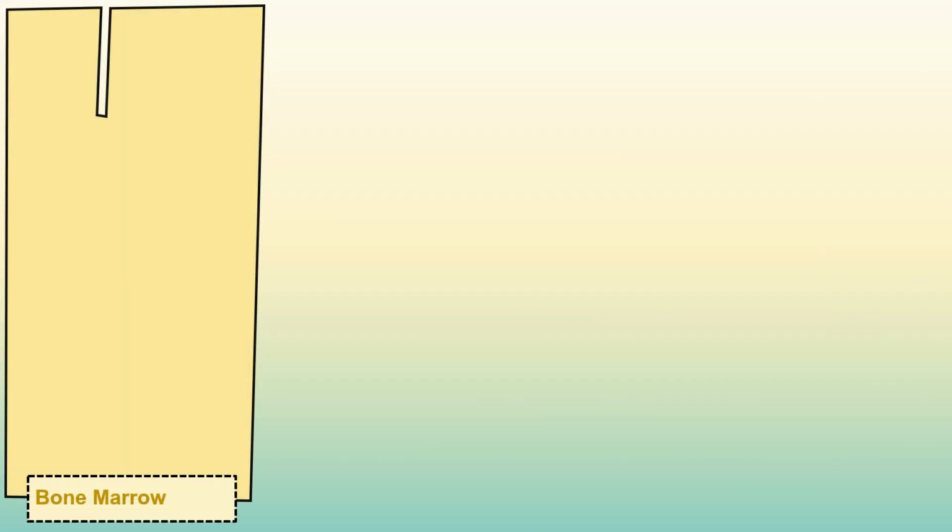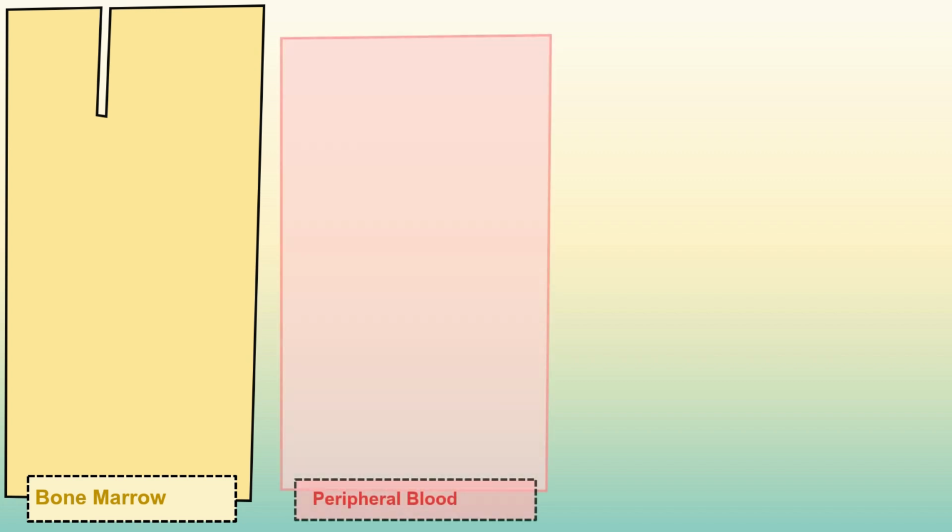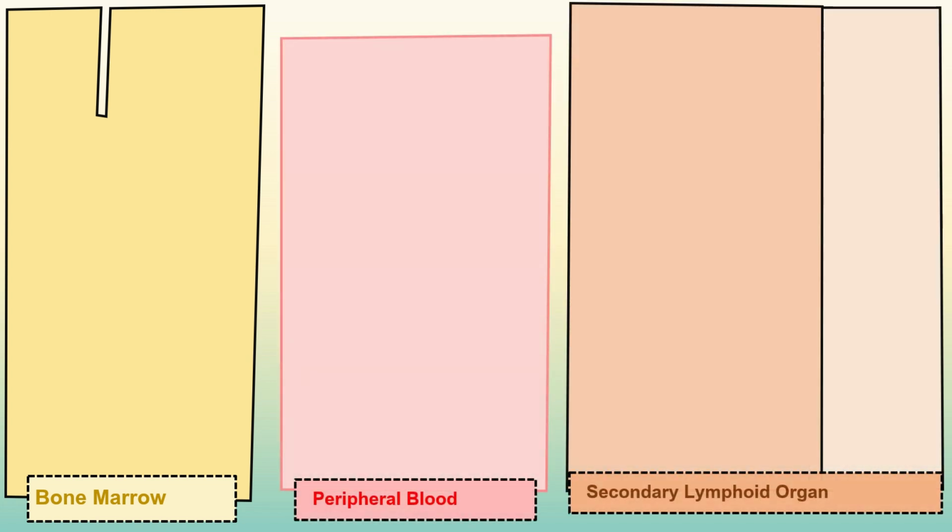This is the bone marrow, which is primary lymphoid organ, and this is the peripheral blood, while it's secondary lymphoid organ. This is the follicle of secondary lymphoid organ, while this is the marginal zone of secondary lymphoid organ, and this is the T cell zone of secondary lymphoid organ.